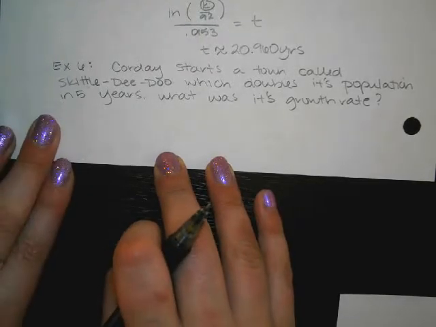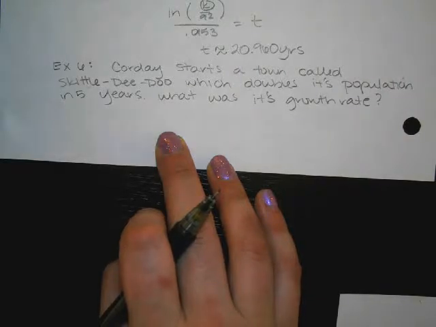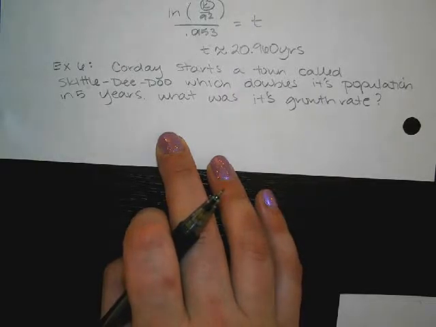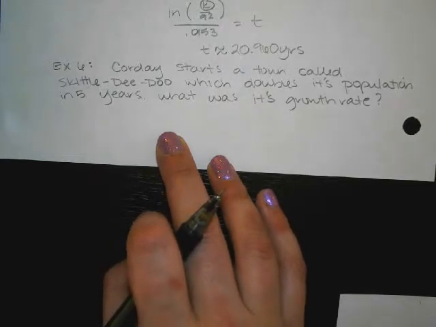Now, did you notice all it said was they doubled? They didn't say what you started with and what you ended with. That means you can choose a starting value and an end value. So if you want your starting value to be 1, then when you double, you get 2. If you want your starting value to be 100, then when you double, you get 200. So what starting value do we want? 1.